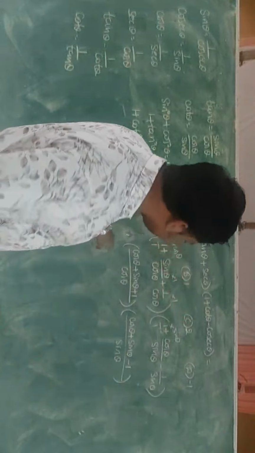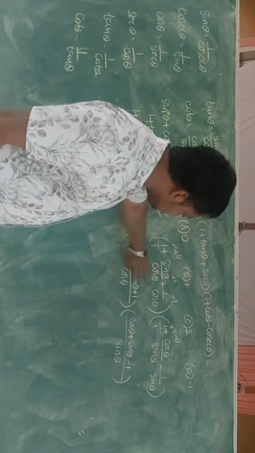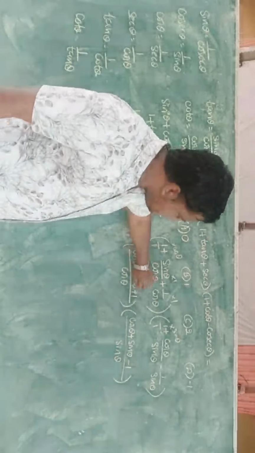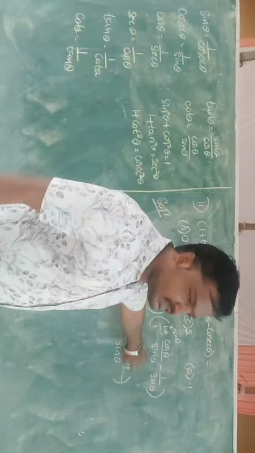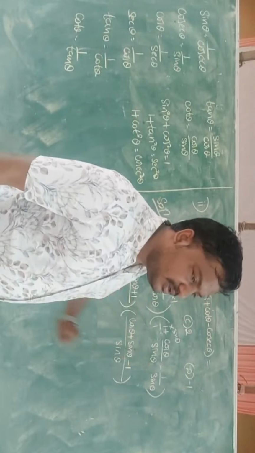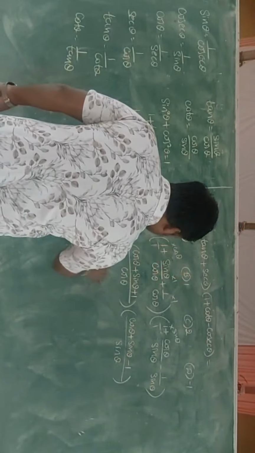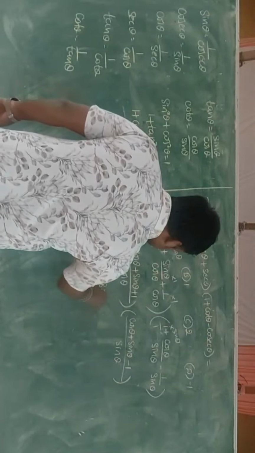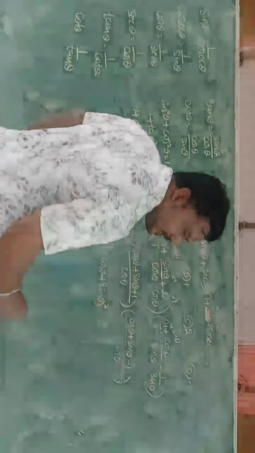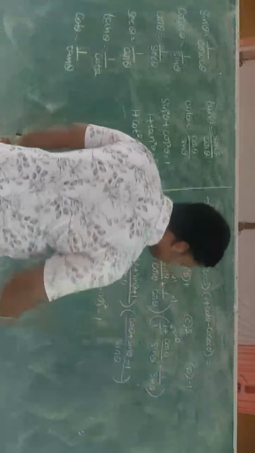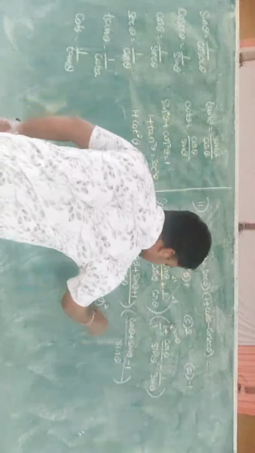See the numerator. The numerator looks like this is A and this is B. A plus B into A minus B. So we take it as cos theta plus sin theta whole square minus 1 square.